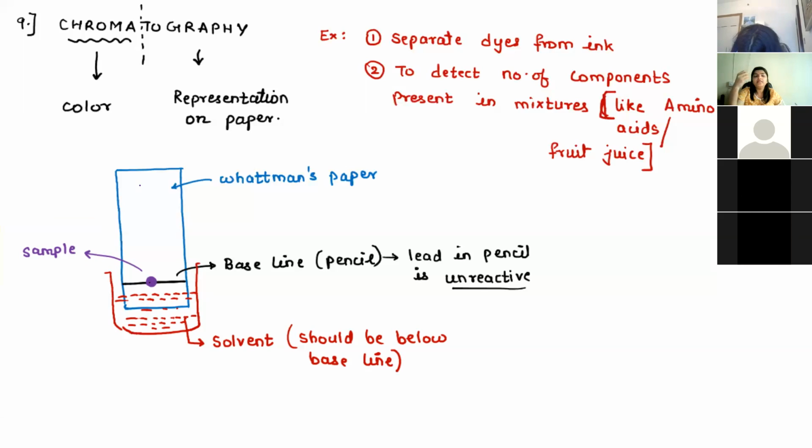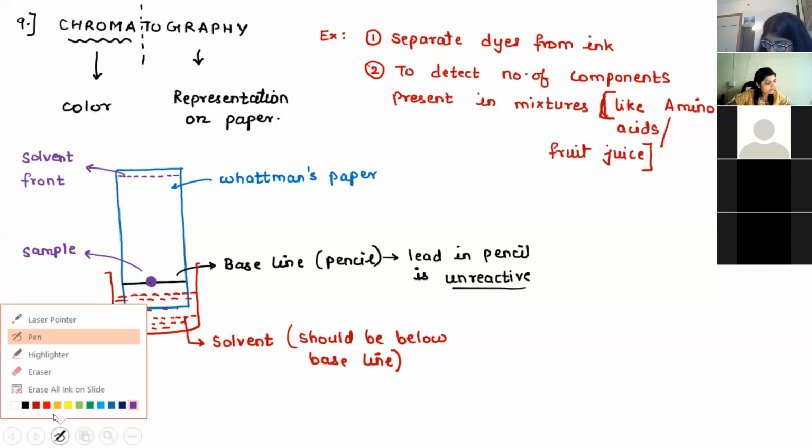So you will see that the paper is getting wet, and once it crosses the sample line, there will be separation of the components. You will allow the solvent to run not completely to the top of the paper, but you will leave some space, and that you will mark as the solvent front.